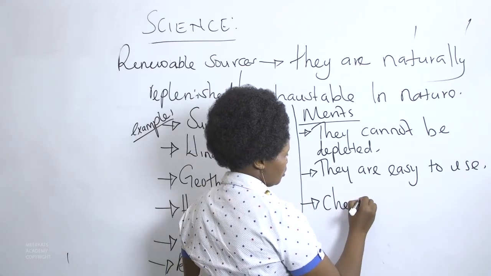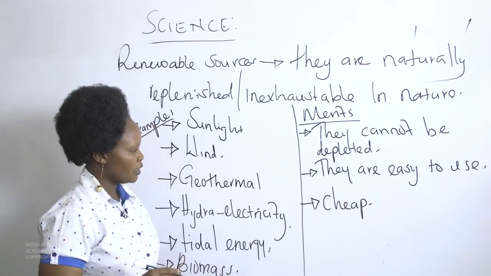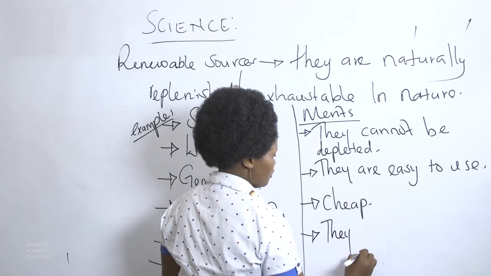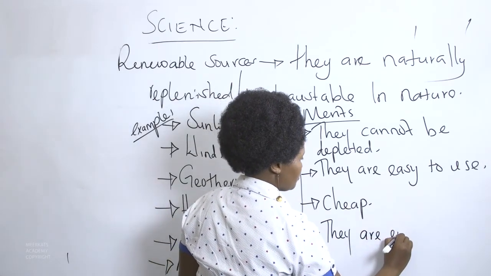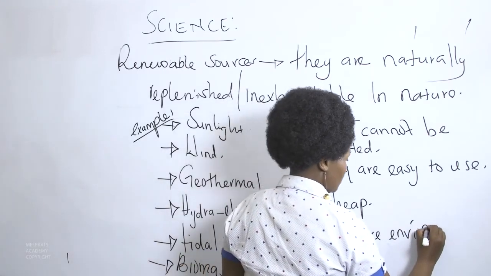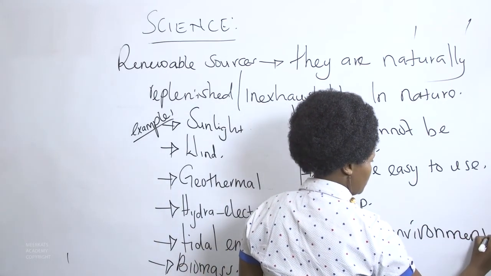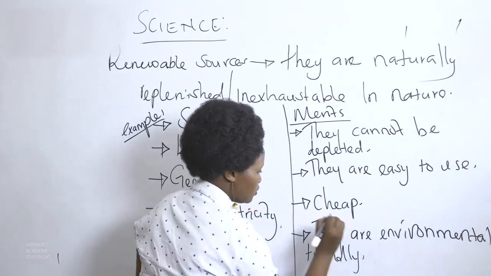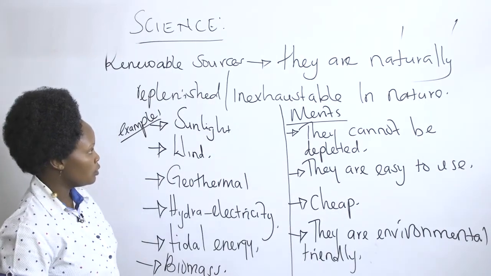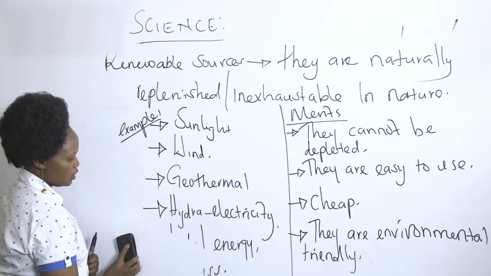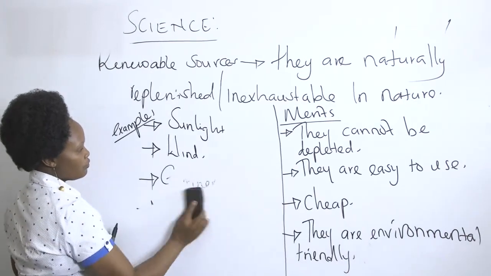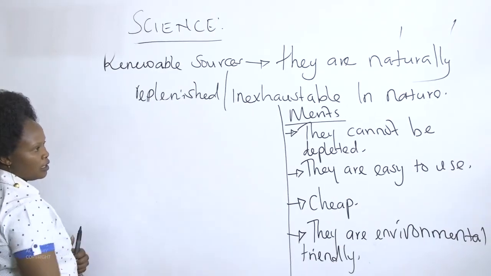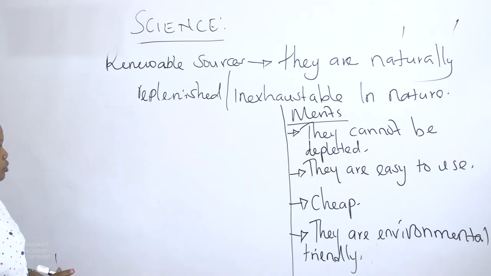They are actually very cheap because they are provided by nature. They have no effect on the environment. They cannot be depleted. They are very cheap with no effect on the environment. And again, they are very easy to use.